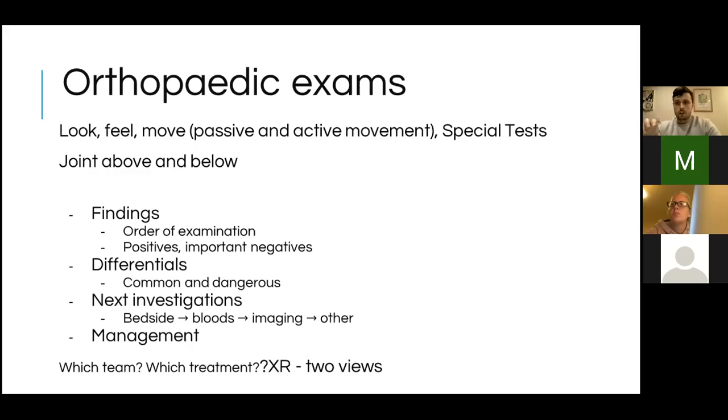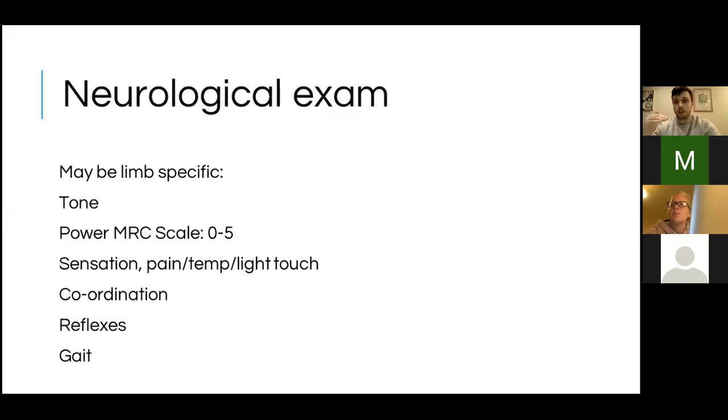So neurological examinations, you might be asked to do a neurological examination on a specific limb. Quite useful to have this stepwise approach in your head. If they're asking you to do one limb, I would always compare with the other limb. So for example, if they ask you to do the left arm, I would also compare it with the right arm.